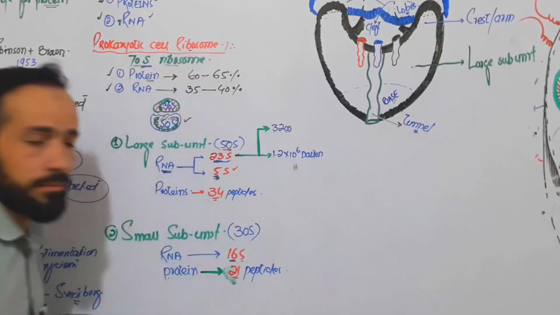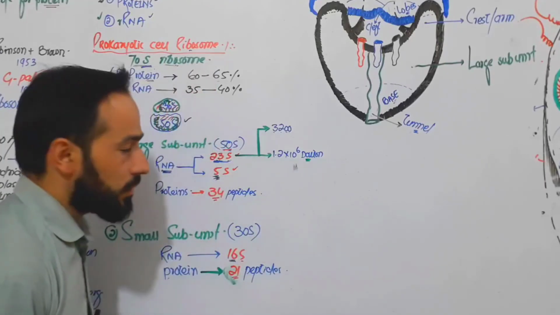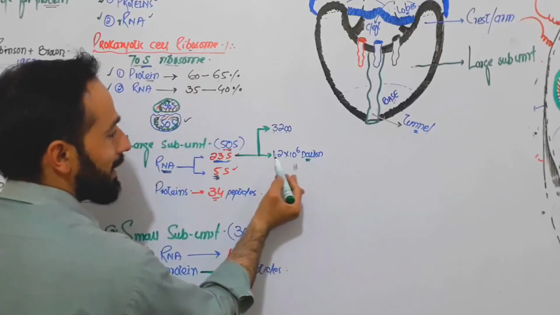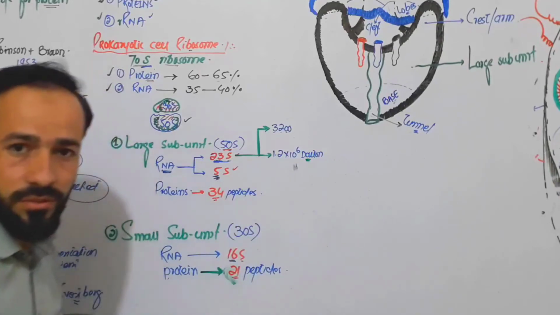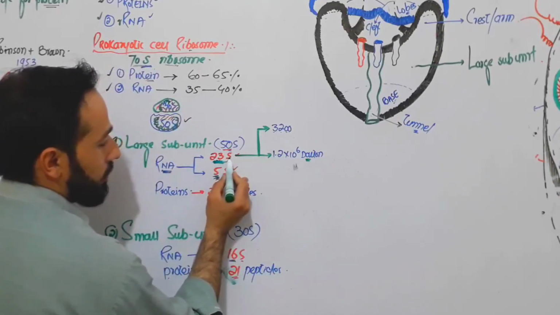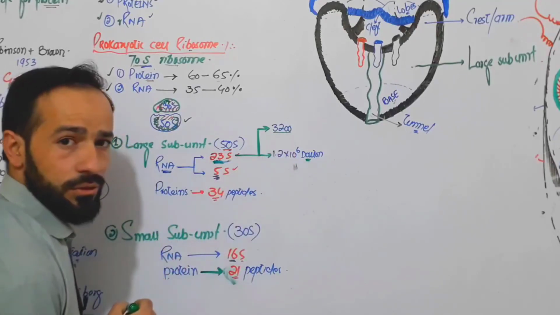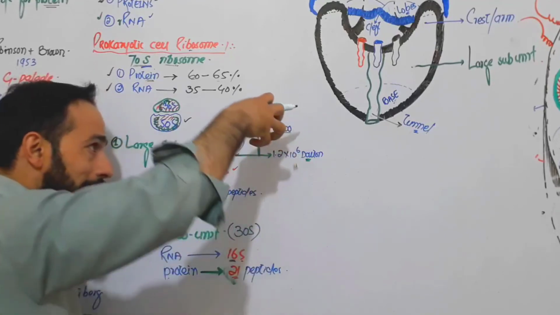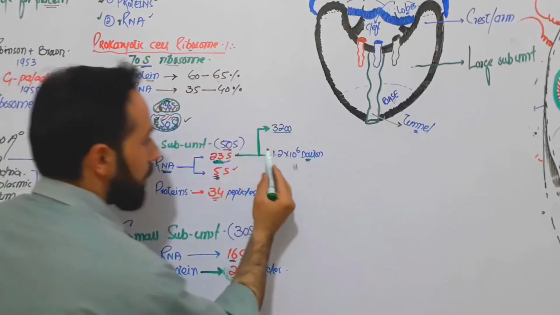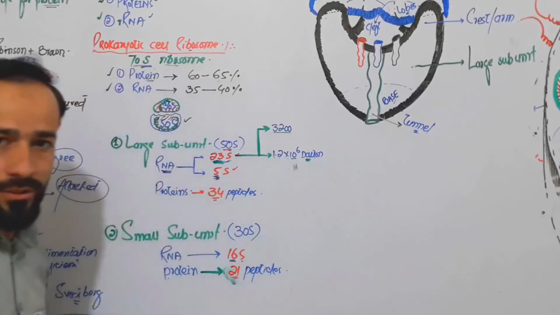The Dalton is a very small unit which we use to measure the molecular weight of substances. So the 23S RNA is made up of 3,200 nucleotides, and all those nucleotides weigh 1.2 into 10 raised to the power 6 Dalton.